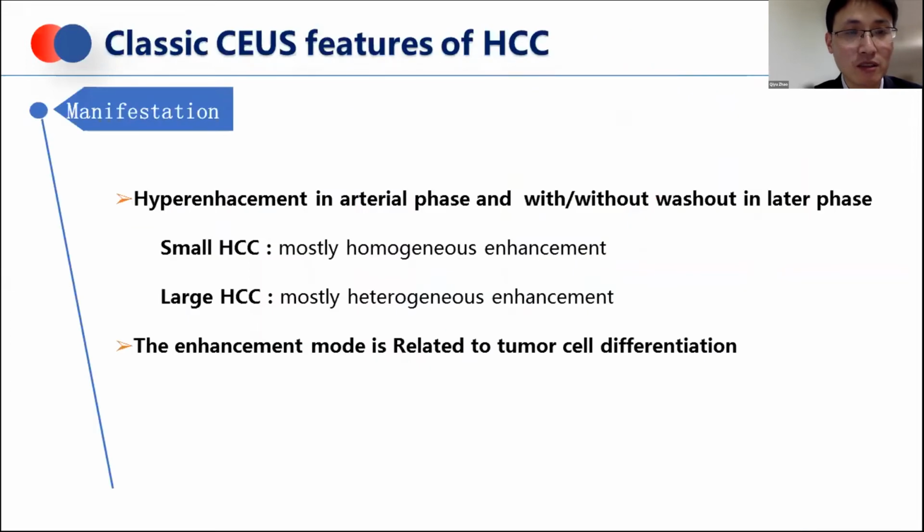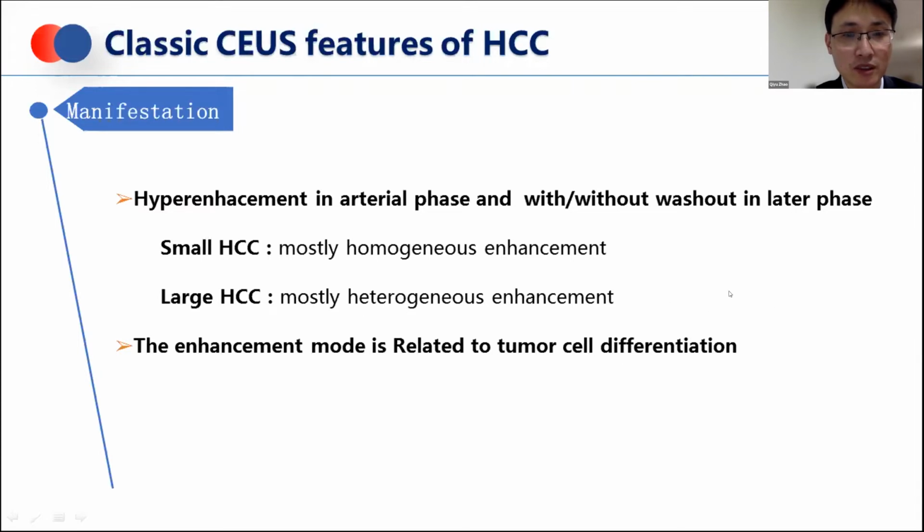From the results of many studies, classic CEUS features of HCC include early hyperenhancement in arterial phase, with or without washout in later phase. And the size of HCC may be different. In small HCC, mostly homogeneous enhancement, while in larger HCC, mostly heterogeneous enhancement.